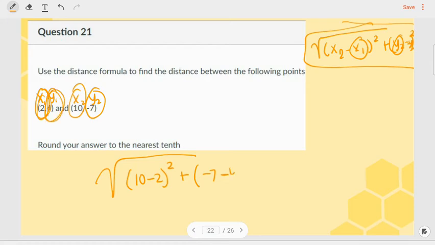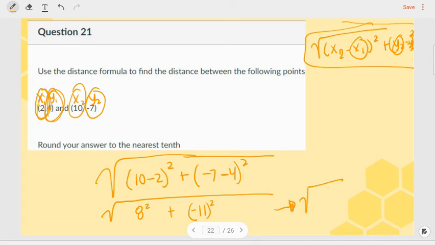4 squared. Okay, and now I'm going to simplify this. 10 minus 2 is 8 squared. Negative 7 minus 4 is negative 11 squared. Now put parentheses around that negative 11 so you don't end up with any negatives inside my square root. 8 squared is 64. 11 squared is 121.